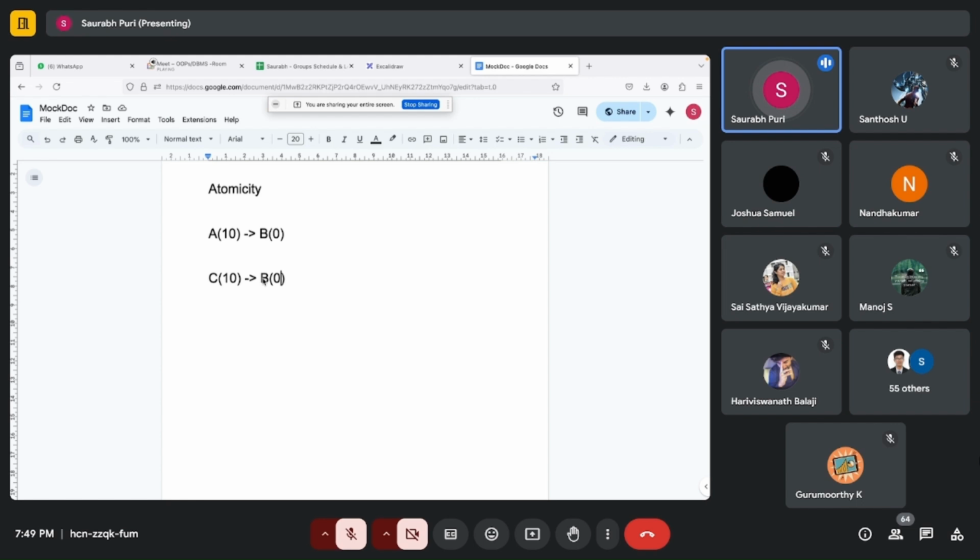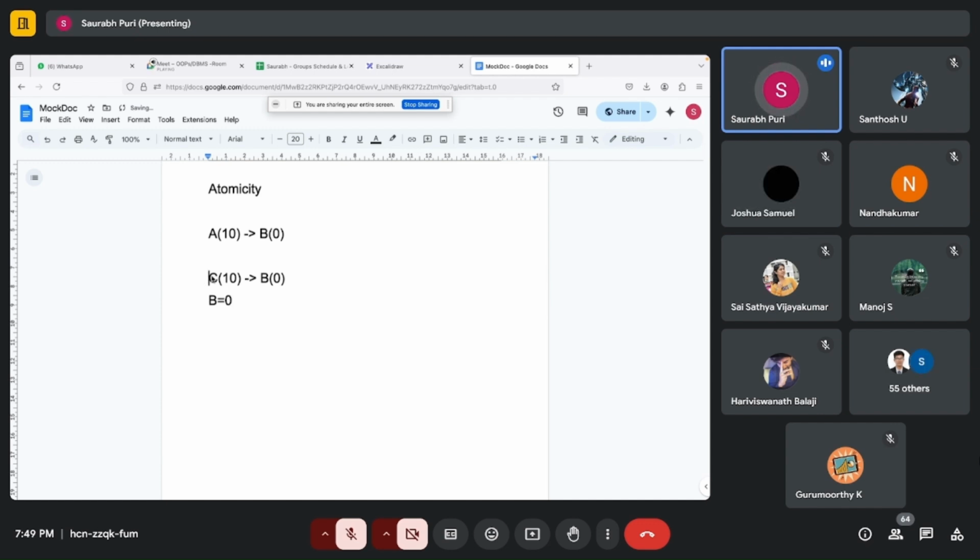Now how will it send 10 rupees to B? First it reads the balance, let's say C first reads the balance of B, and then it sends to B, right? So it read that B's initial balance was 0.